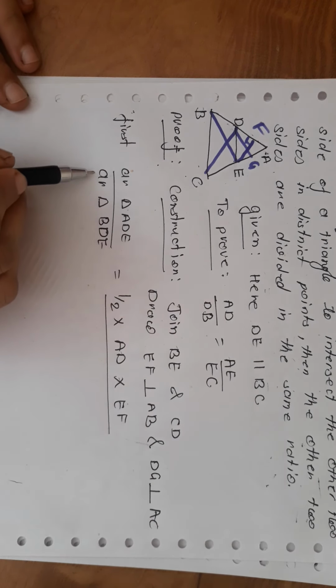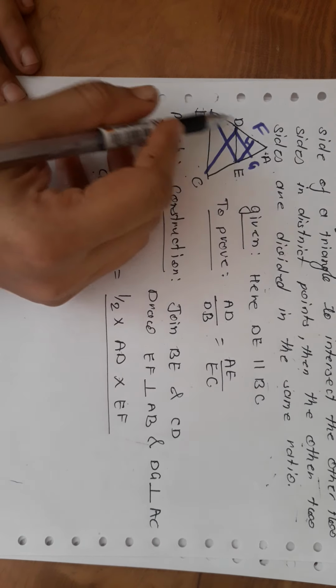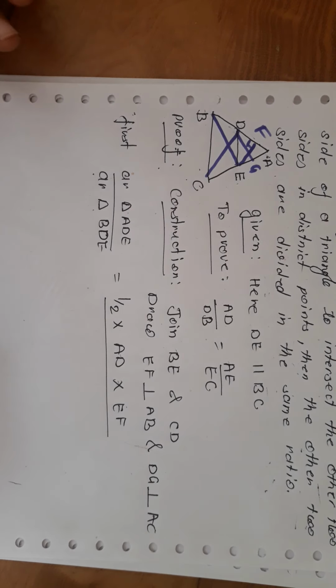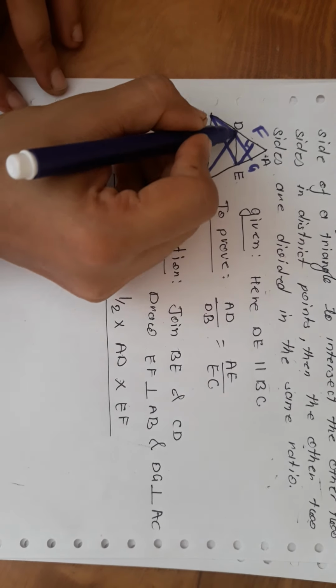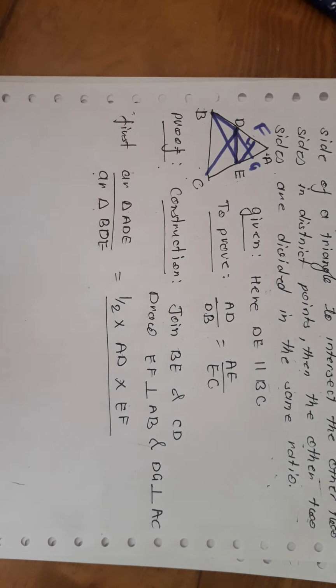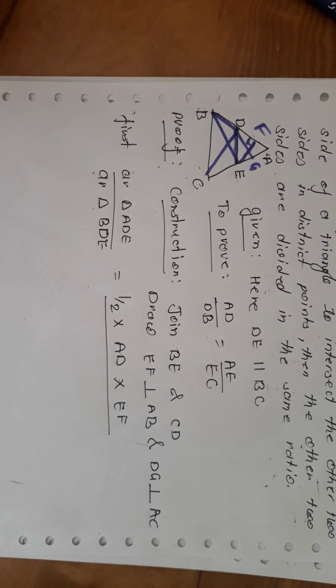Now the area of triangle BDE. You can see that triangle BDE is an obtuse triangle. Whenever we draw a perpendicular for an obtuse triangle, it is drawn outside of the triangle.